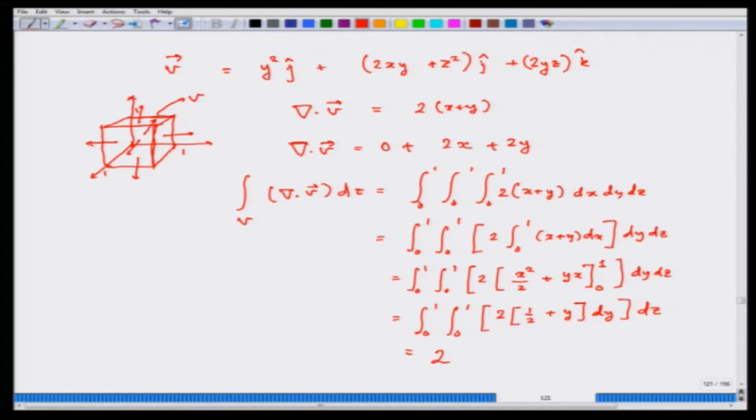So, let me take the first case where x is equal to 1, and you have dy dz. In this case, v dot dA would be equal to 0 to 1, 0 to 1, y square dy dz.